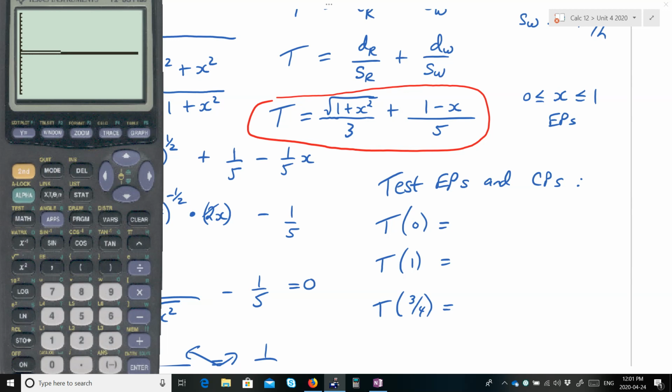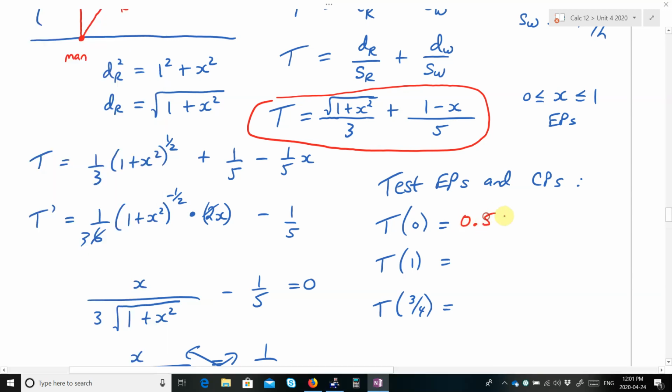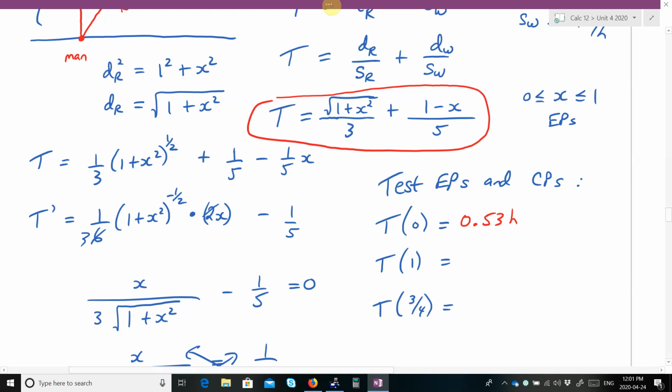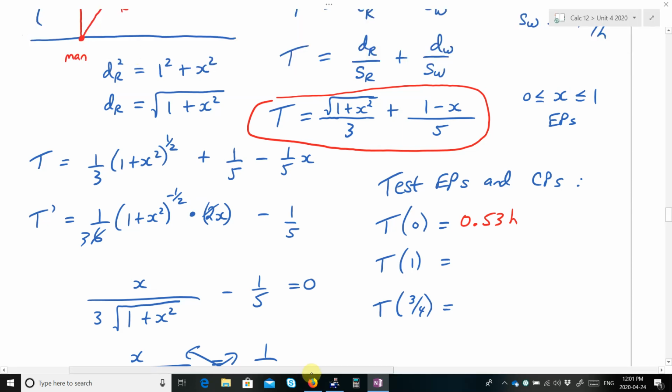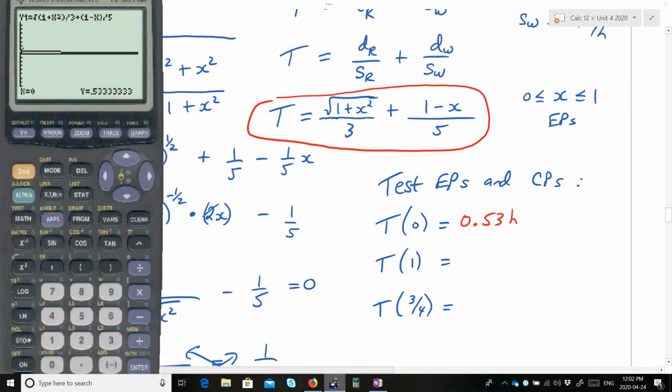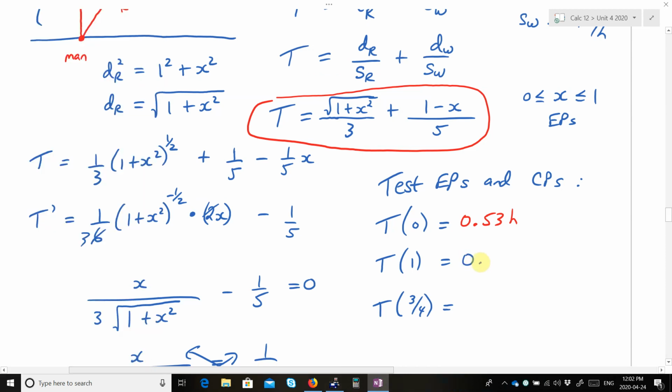Okay, and so remember that this is time in hours. So when that x value was 0, we get 0.53 hours that it takes. When the x length is 1, it takes 0.47 hours.